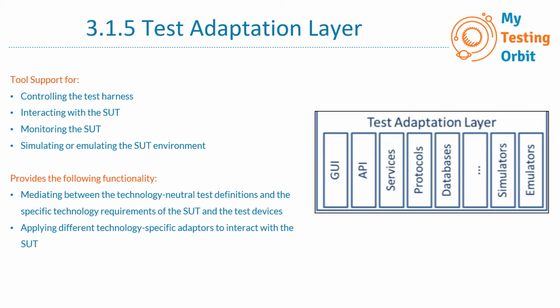If we are using Visual Studio for our automation tests, then we have NUnit test adapters in Visual Studio. We have table adapters. These adapters are specific to Visual Studio, so they are technology specific adapters. Similarly, for other technologies, there will be other specific adapters which will be used to interact with the system under test.